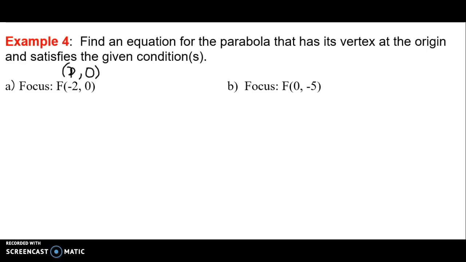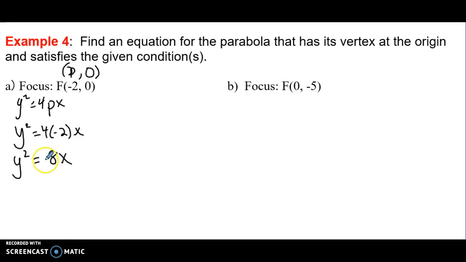So that tells me that I'm going to use the equation y squared equals 4px. Well, if I know p is -2, I can work my way backwards to figure out the equation. So I'll get y squared equals 4 times -2x. So I get y squared equals 8x. Sorry, -8x. And this is my equation.